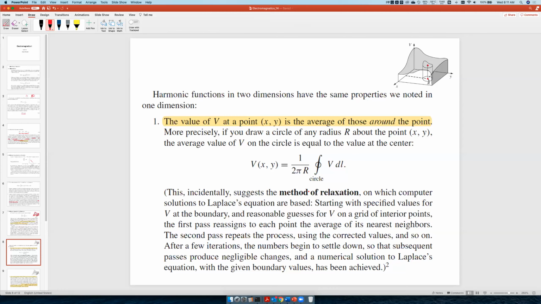This is called iterations. So you can assign some values that might be wrong, let's say, if it's a two-dimensional case, you assign some values in this two-dimensional region. It could be any values, but the problem is that you need to know the true values on the boundary, which is the four wavy edges.